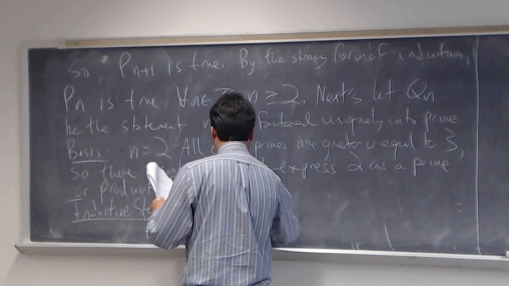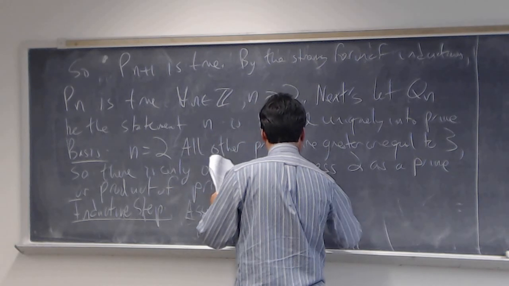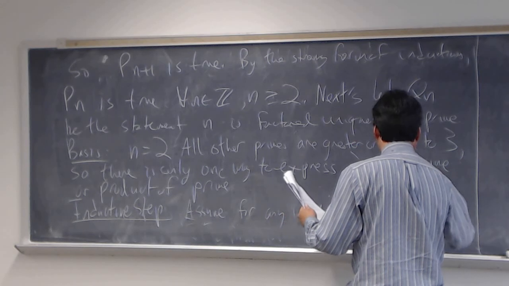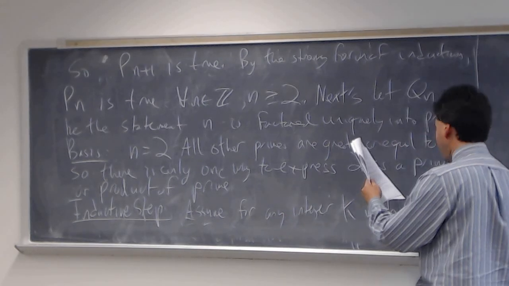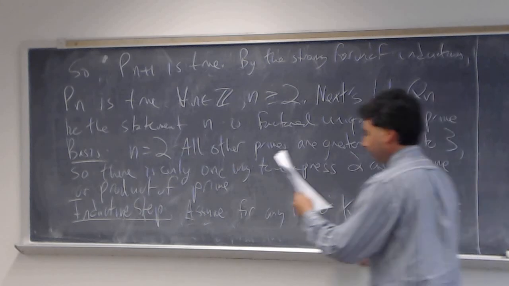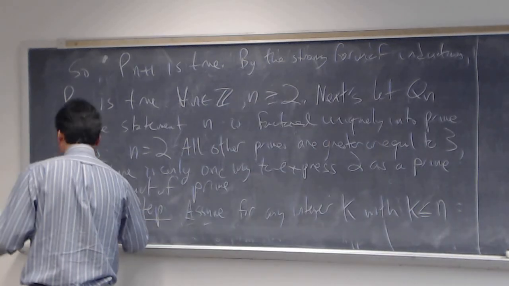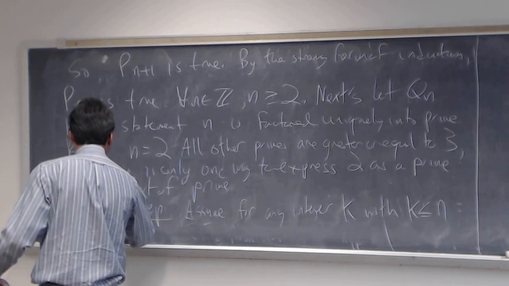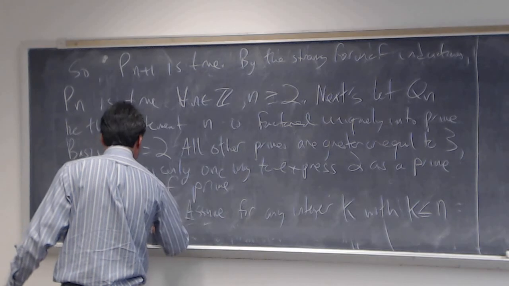Assume for any integer k with k less than or equal to n, the factorization into primes is unique.